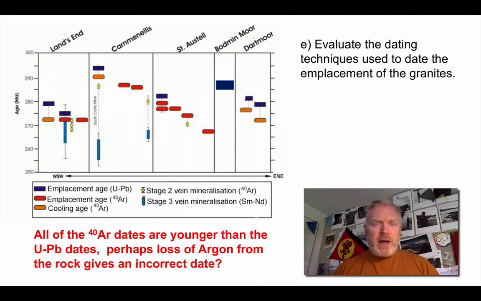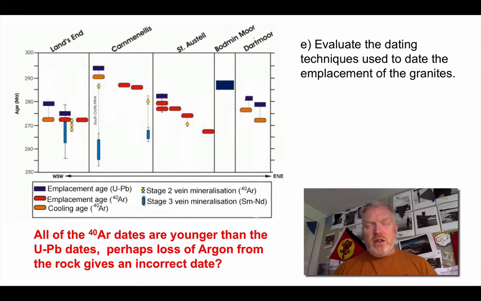Now, does this go back to the potential error that we talked about when we're looking at potassium-argon, with the fact that the daughter product in potassium-argon is a gas, and that gas can be lost from the minerals?